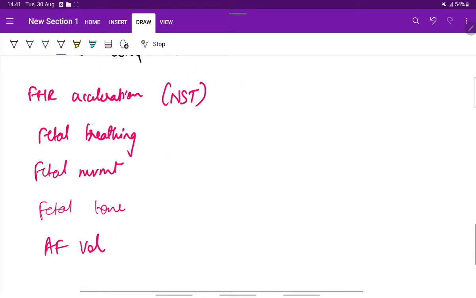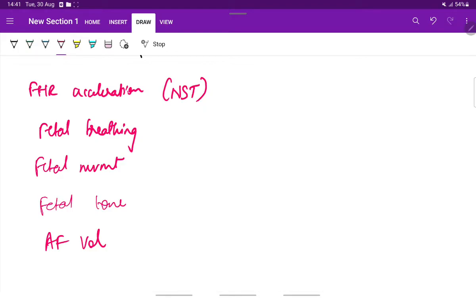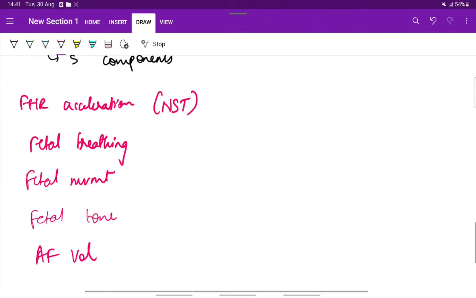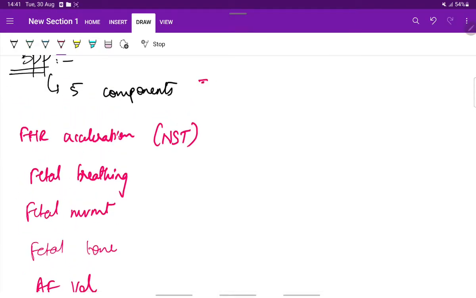These are the 5 components of biophysical profile. A normal score is 2 for each, and abnormal is given 0. So, the total score overall is 10.